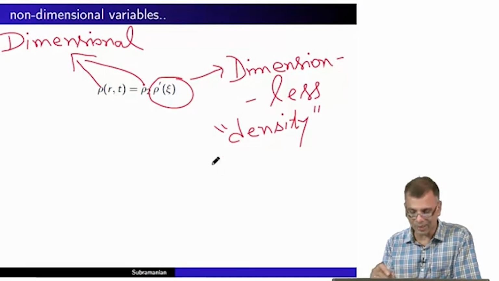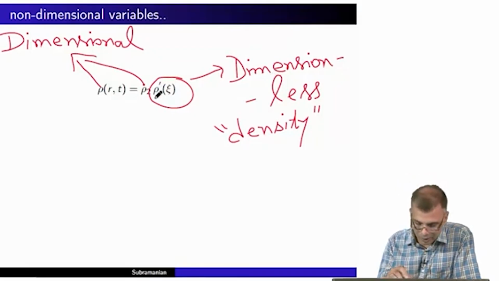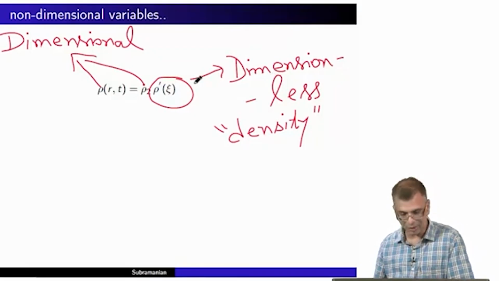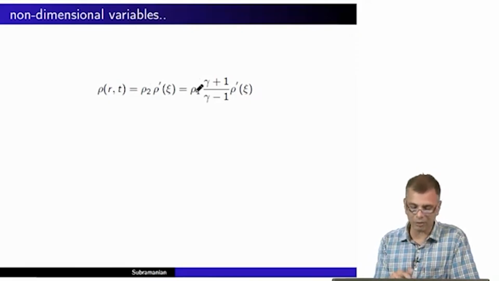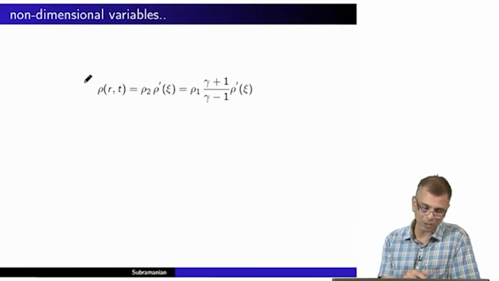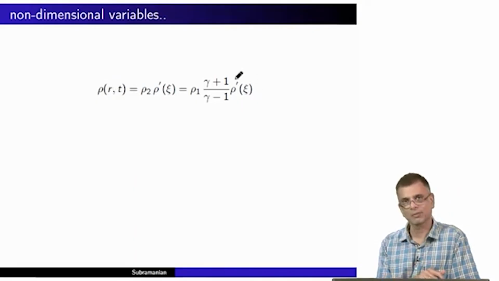So, it's like a density. Okay, it's a dimensionless counterpart of the density. So this is how I construct a dimensionless density. Similarly, as it turns out, rho 2 is related to rho 1 in this manner, and therefore, this is how the dimensional density at a given radius and a given time is related to the dimensionless density.